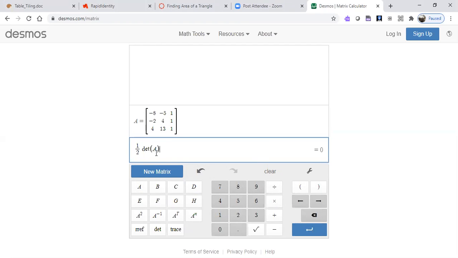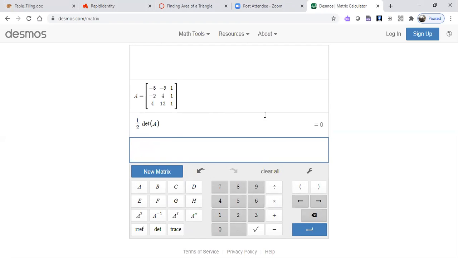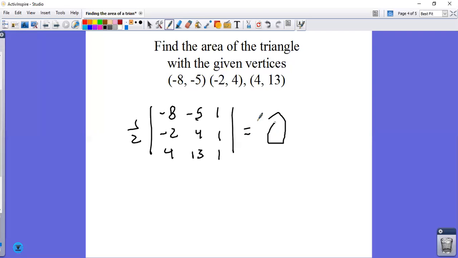So how in the world could a triangle have an area of 0? Doesn't make any sense. Right? So the answer is 0. That's a beautiful 0.